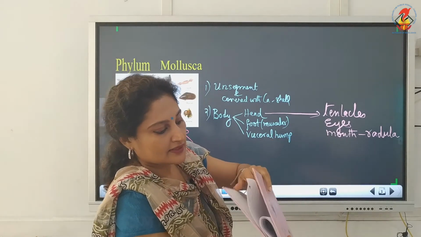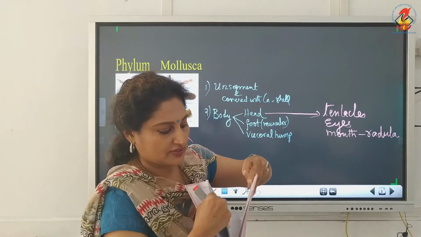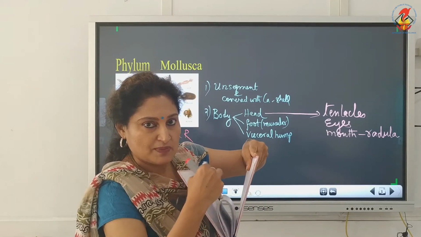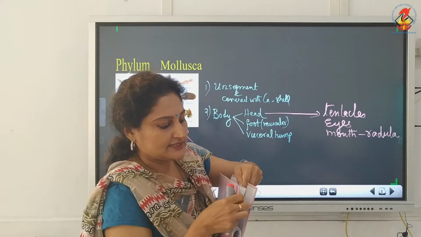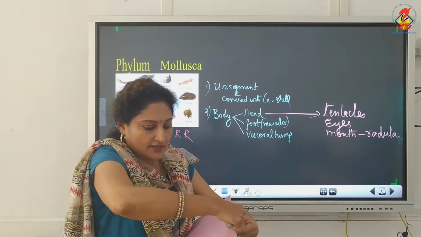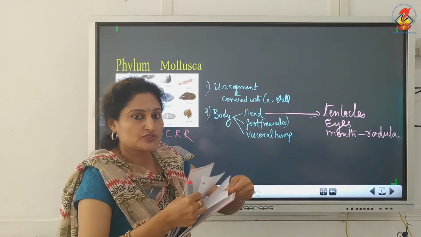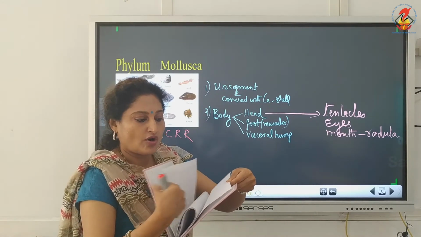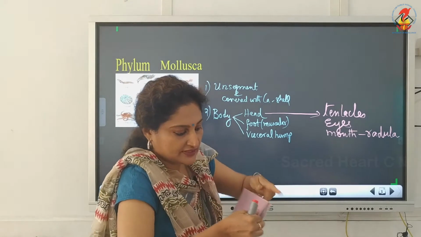Okay, but immediately after the shell there is a soft spongy skin. See, so this paper taken soft spongy skin, here also soft spongy skin. So you can see when you open the shell, like say if I am opening the shell, after the shell you can see a layer of soft and spongy skin, on both the sides, and this is enclosing the visceral hump. So, I am putting it back like this way.